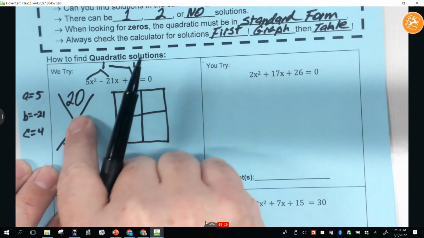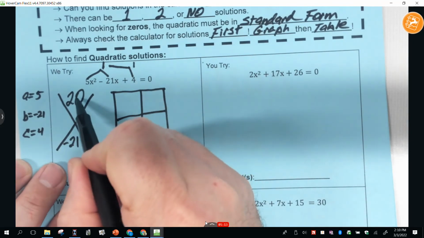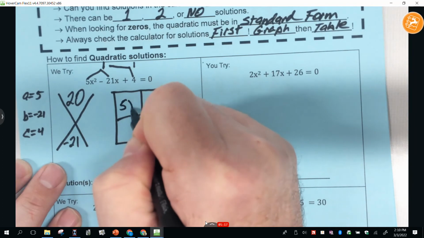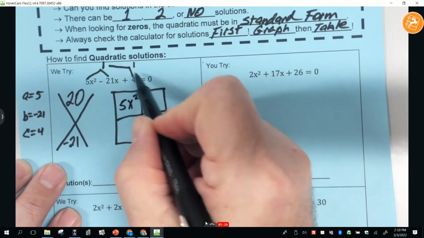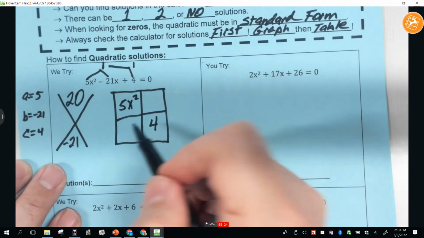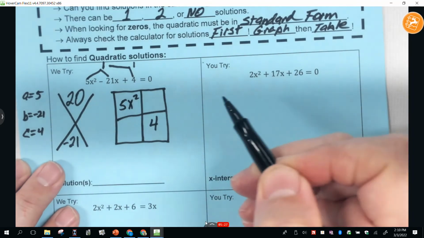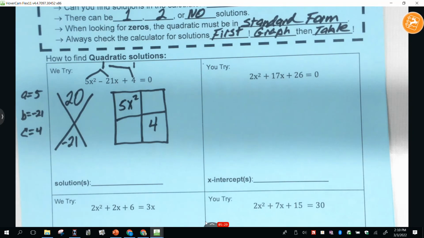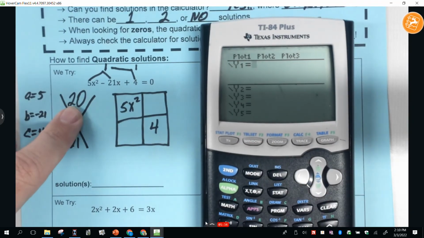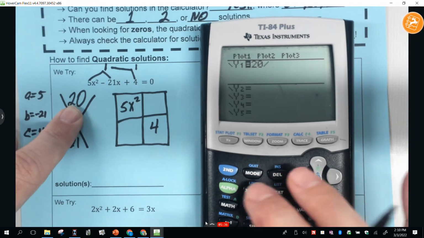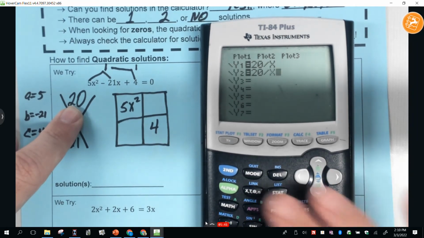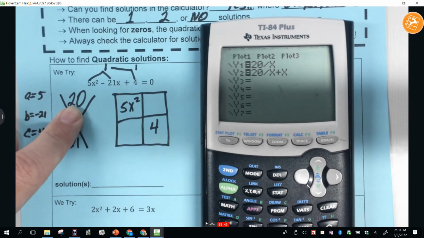Now I'm going to fill in everything I know. A times C is that, B is that, and then 5x squared is going to go there, and whatever my C is will go here. Now I need to get the magic numbers, and they magically fill in these two boxes. To get the magic numbers, I'm going to go to y equals and type 20 divided by x plus x.